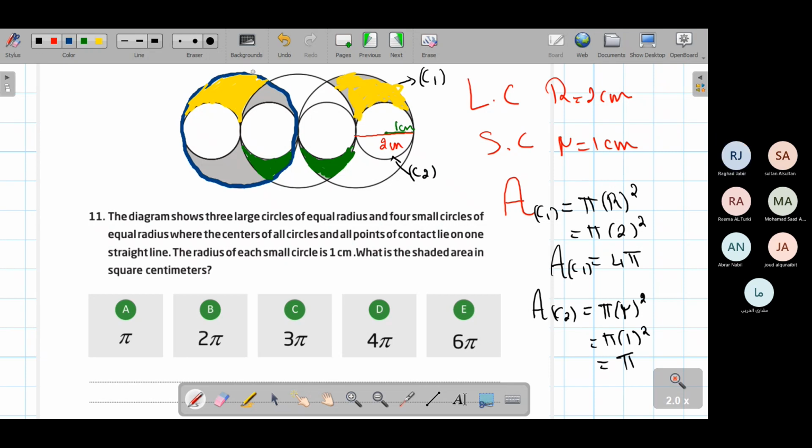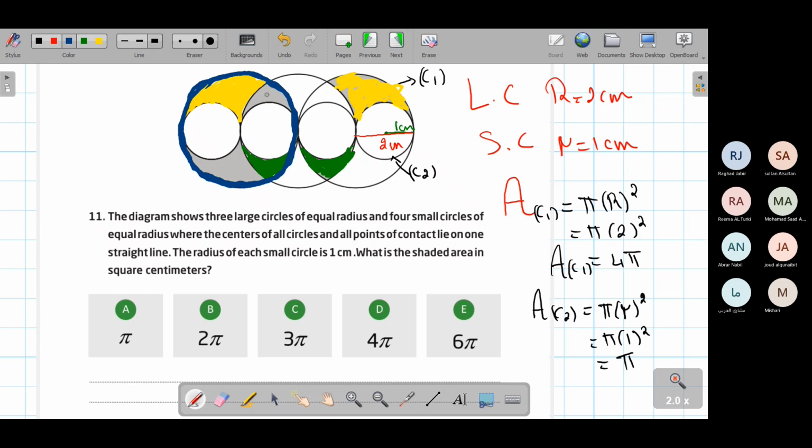Ragad, I already calculate the area of all the part inside the blue circle. Did you see the blue circle? This is the blue circle.